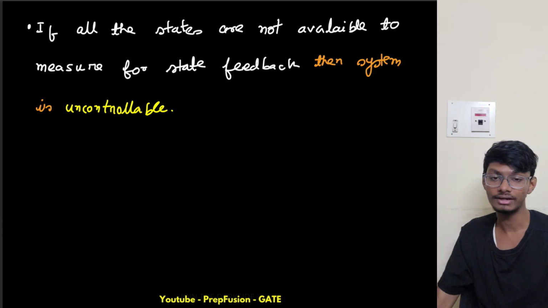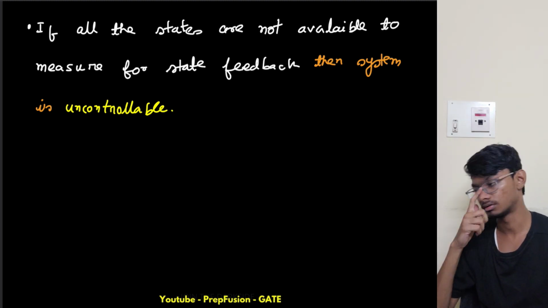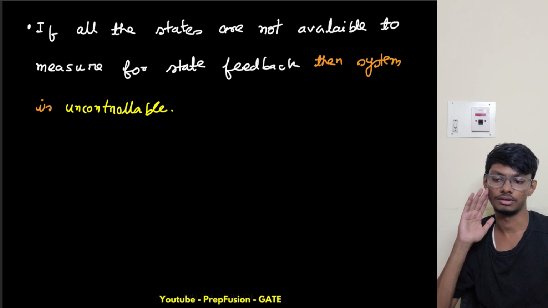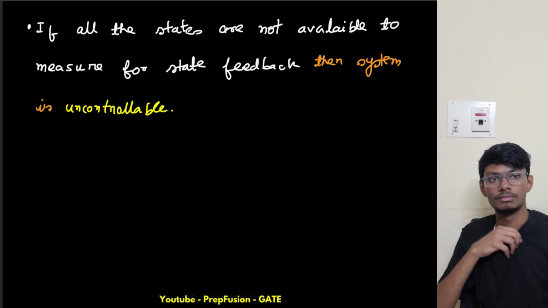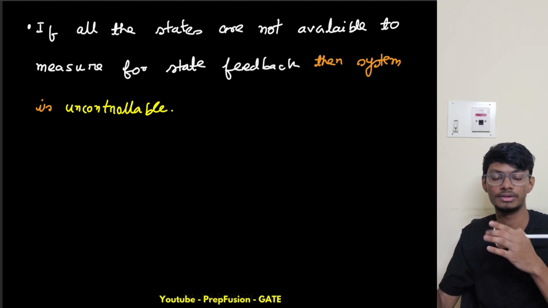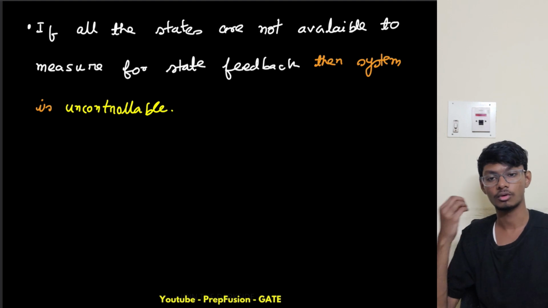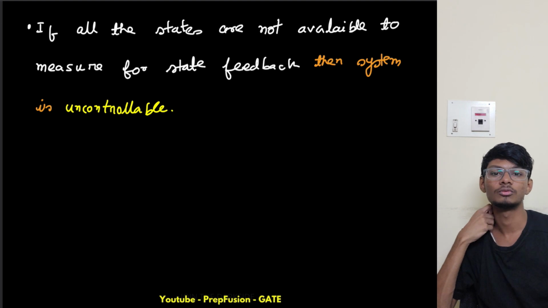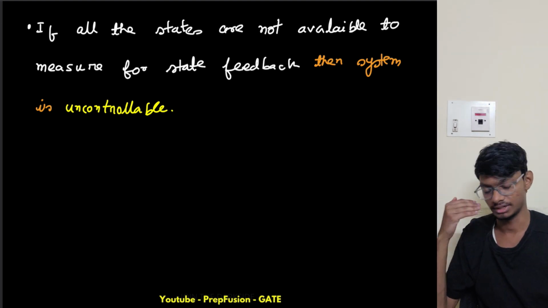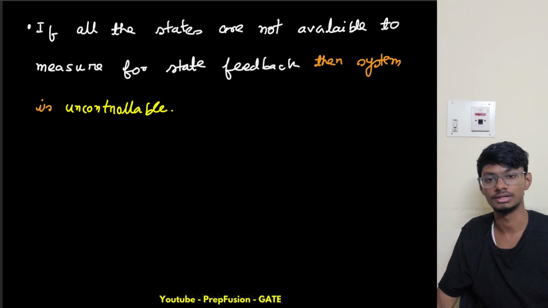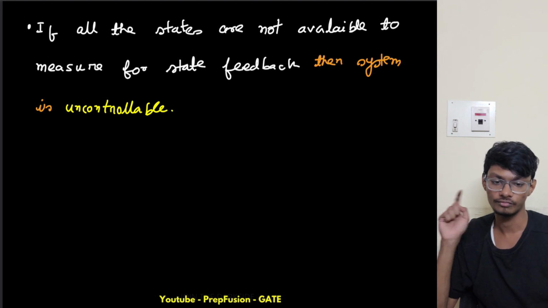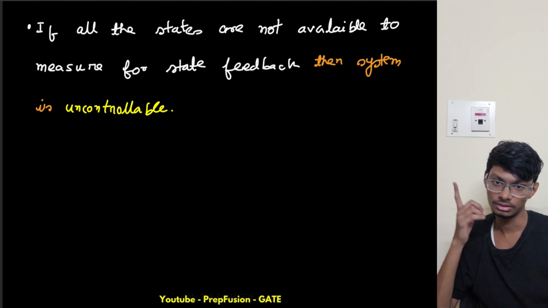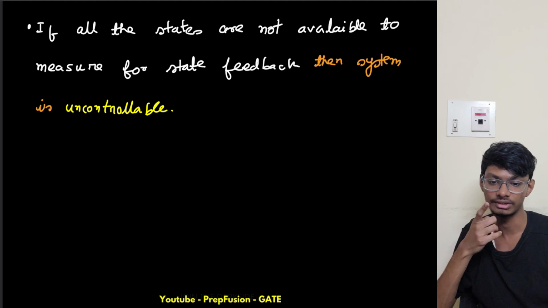In reality, what control engineers do is they don't measure all the state variables, because some may be inside the chip, or some aren't able to be measured, or some are very costly to measure. Sensors are very costly, so we don't want to spend that much money on all those things. So we measure a few of the variables and we use the concept of observability.